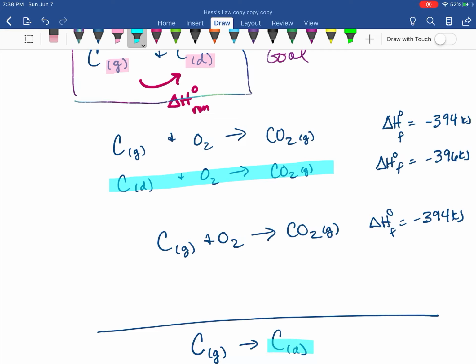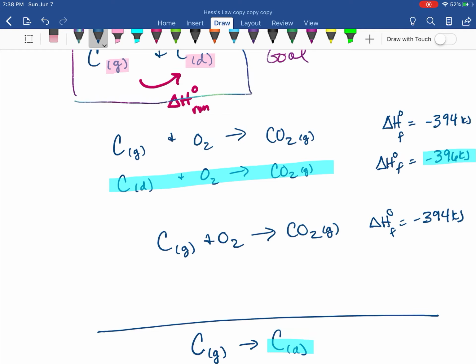394. But now here's the kicker. Carbon diamond in this reaction is on the reactant side, but I want it on the product side. So we already know from thermochemistry, isn't this number the same value, different sign if we're going backwards?